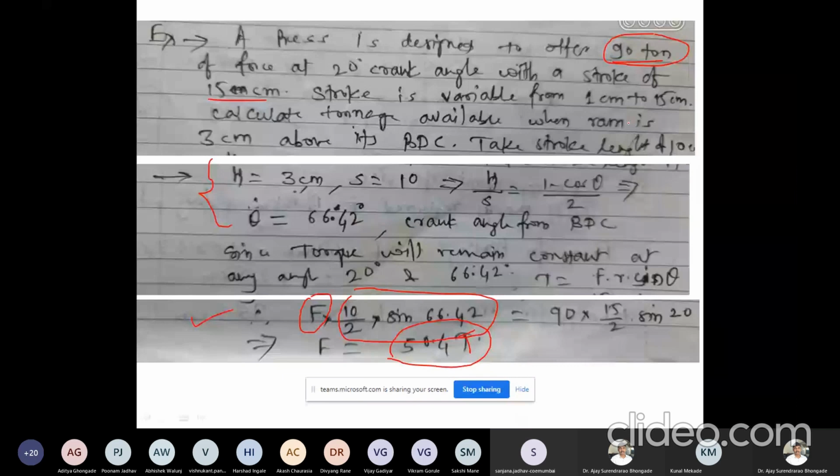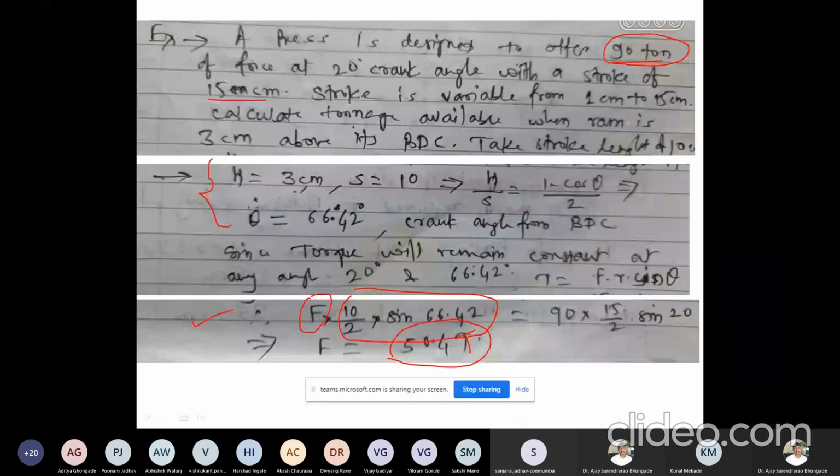And even the second meaning of this is that we should not try to work out any work from the press machine which will require a force of more than this. So at the 20 degree we can get the maximum force, right? The force required, let us say at 10 degrees, theta equal to 10 degree, we can get some other force, right?